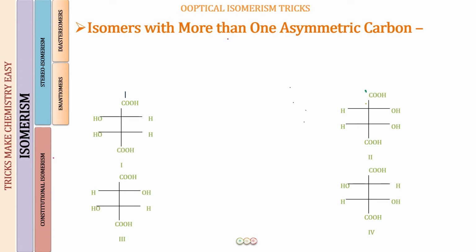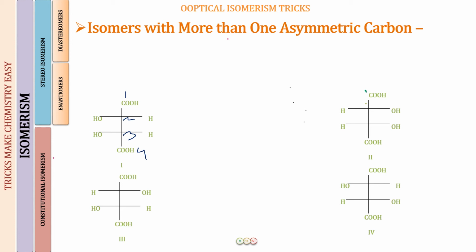Here we have carbon number 1, here we have carbon number 2, this is carbon number 3 and this is carbon number 4. So C2 and C3 are going to act as chirality centers because they are attached to 4 different groups.